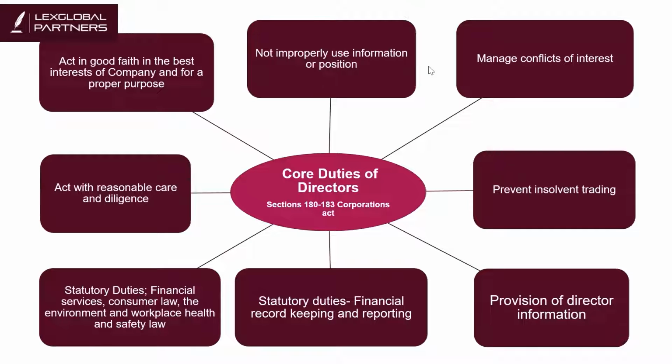Some of the main duties of directors have been listed here. As a director, you have to manage conflict of interest. You also have to prevent insolvent trading. Insolvent trading is where a director can understand that the company cannot meet its obligations towards the creditors.